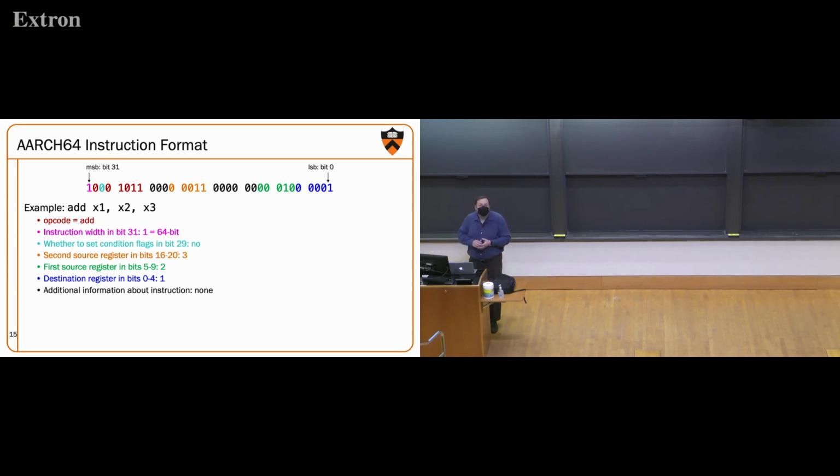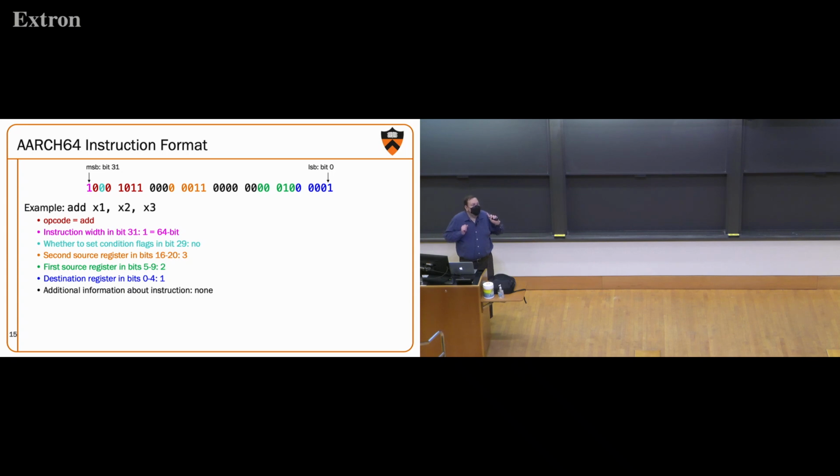So let's try to decipher these bits according to the pattern that we saw on the last slide. The most significant bit tells us whether the instruction is operating on 32 or 64-bit quantities. In this case, it's a 1, therefore it is operating on 64-bit quantities. So we know that it corresponds to operating on the X flavor of registers as opposed to the W flavor.